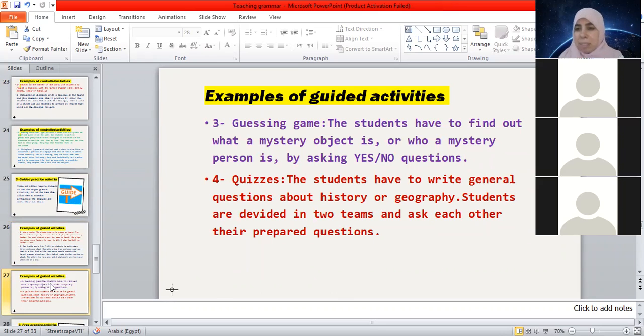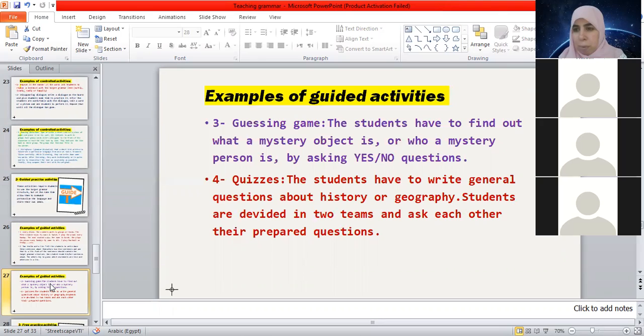Guessing game. I'm sure that all of you did this activity in your classroom. The students have to find out what a mystery object is. It can be in a bag, in a box, or it can be a picture or a card of an object, or who a mystery person is.